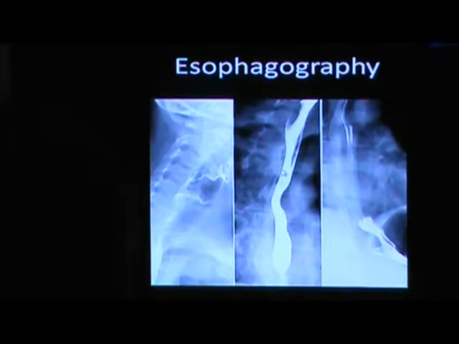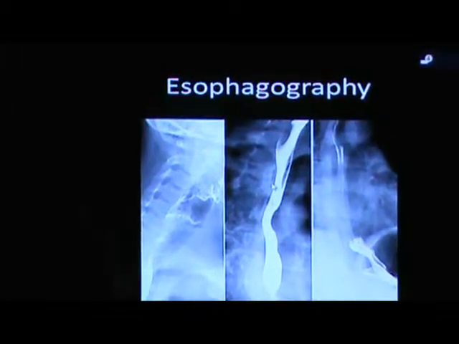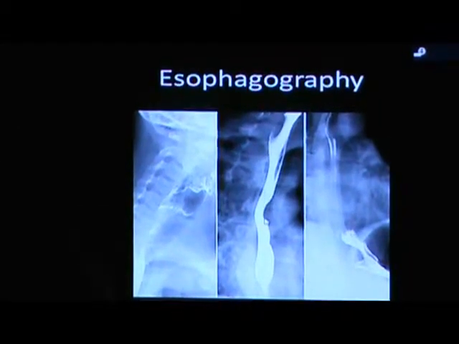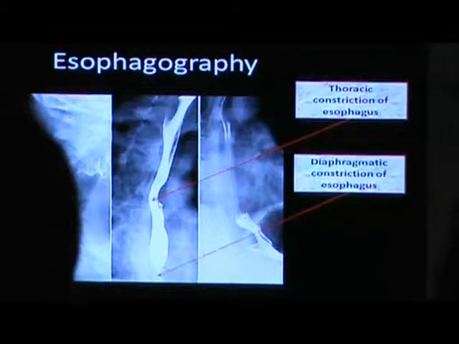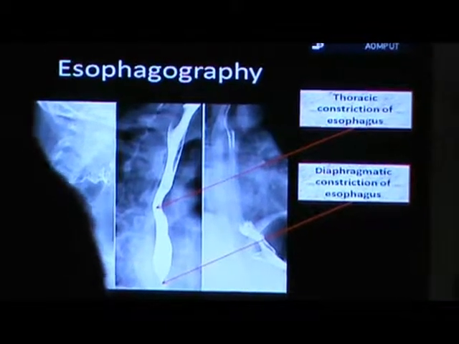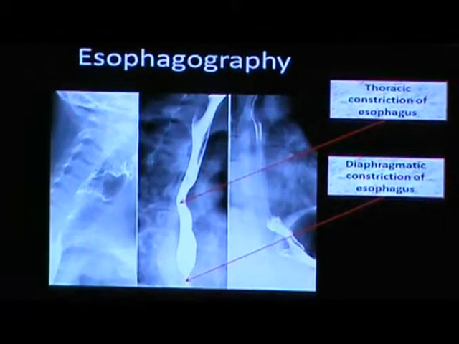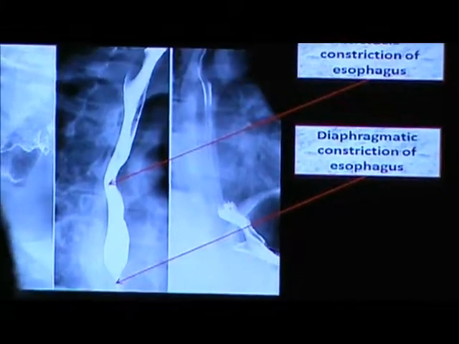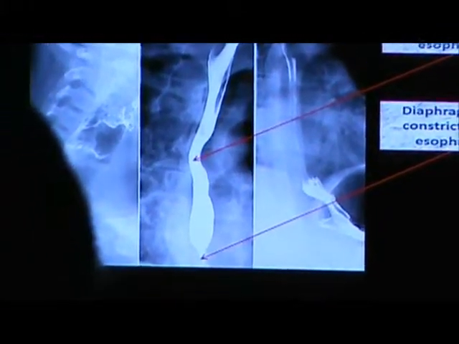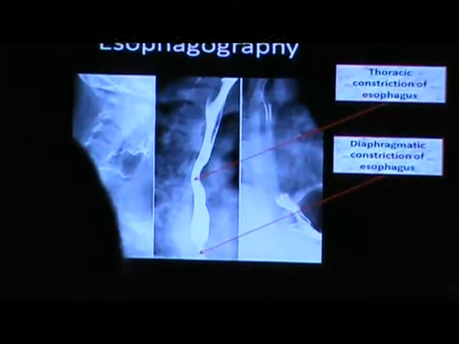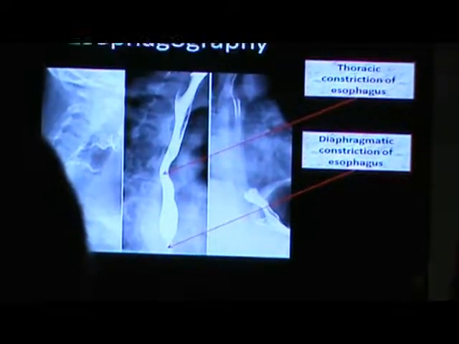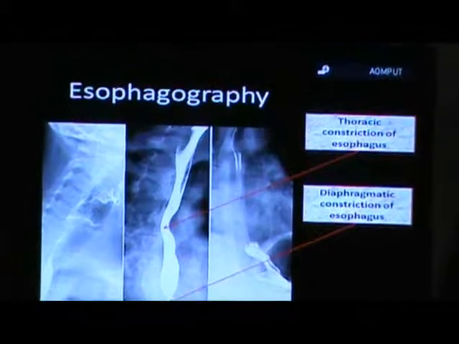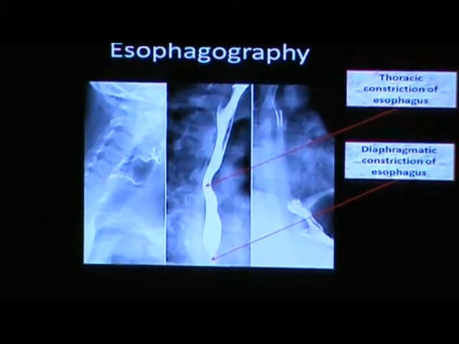And it fills the esophagus, bringing us information about its constrictions, for example the thoracic and diaphragmatic constrictions, the second and the third one, as well as some disorders of the barium passing through the esophagus and stomach.